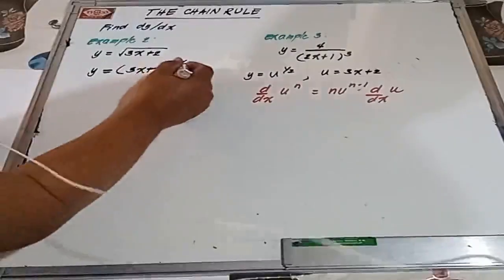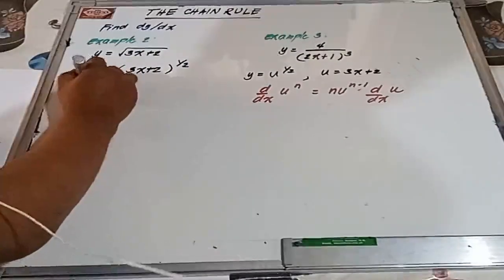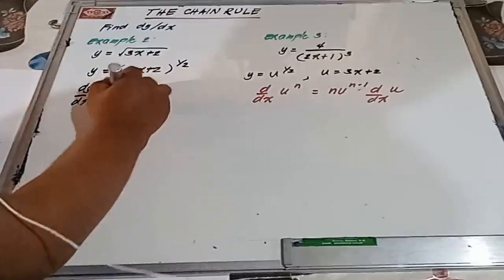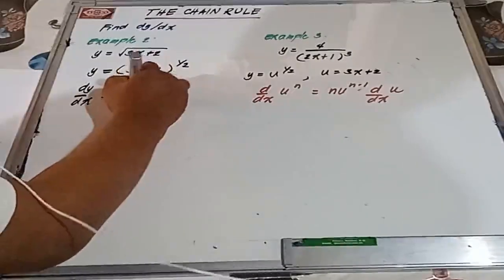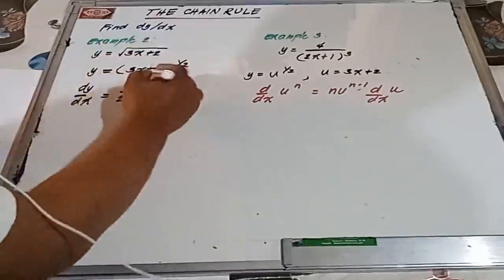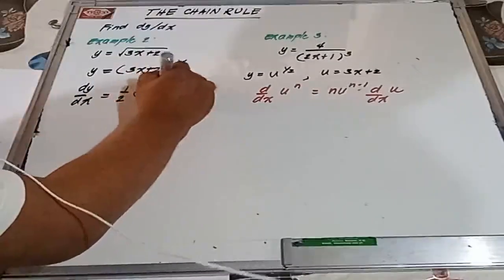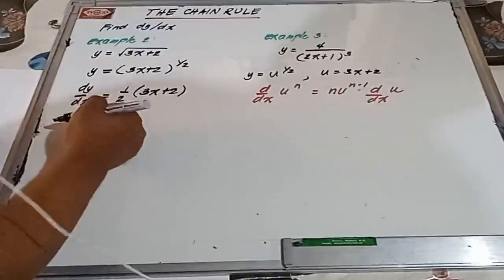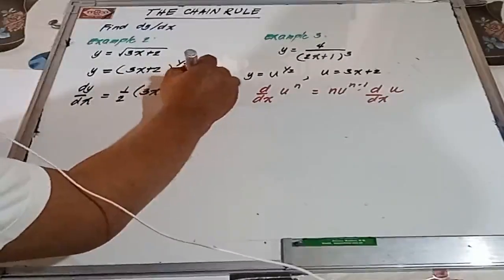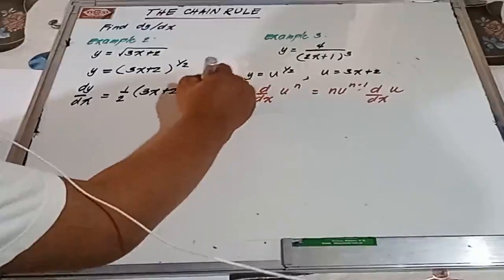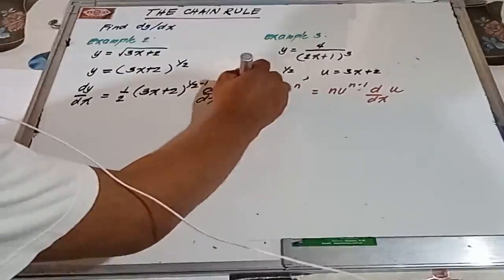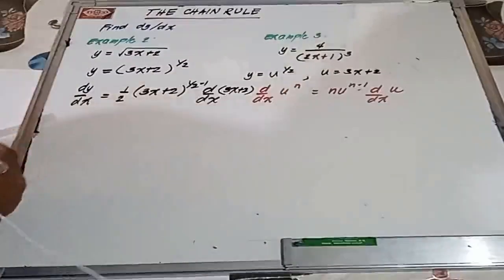Okay, outside muna, yung 1 half. So, dy over dx 1 half, multiply yung ating exponent, decrease natin, leave natin yung inside muna, leave natin siya as is, then decrease natin yung power ng 1 half by 1, so 1 half minus 1 times derivative ng inside, which is 3x plus 2. Yan. Okay?